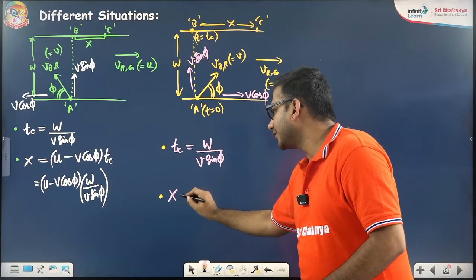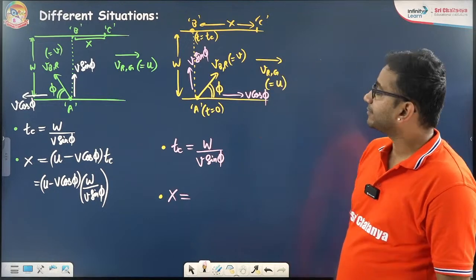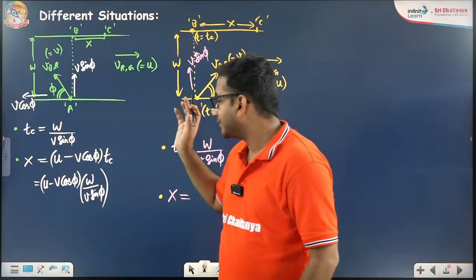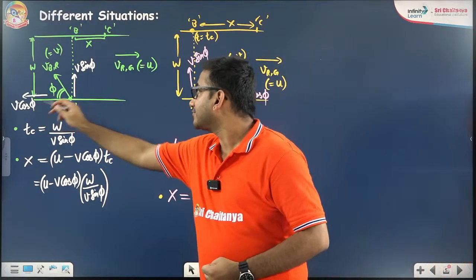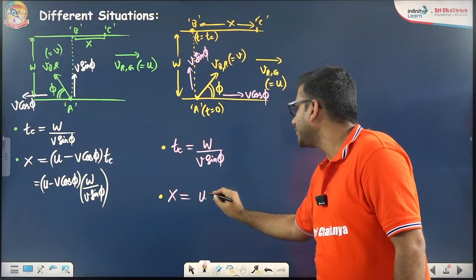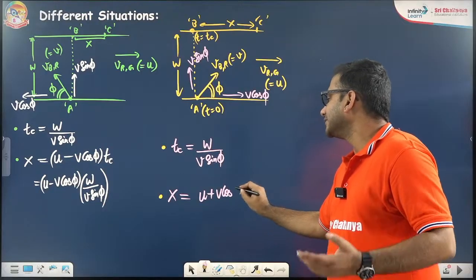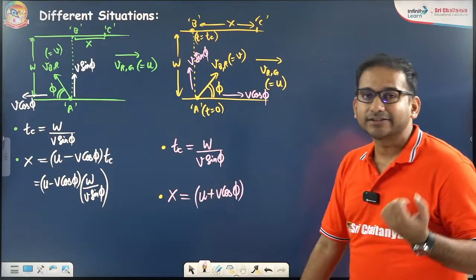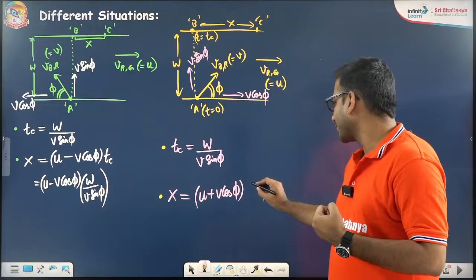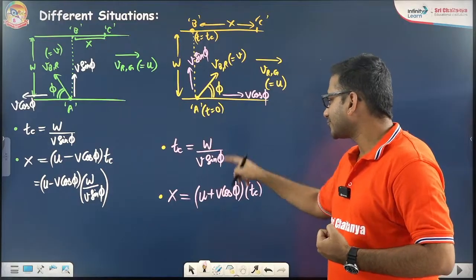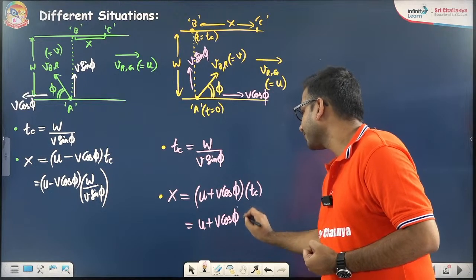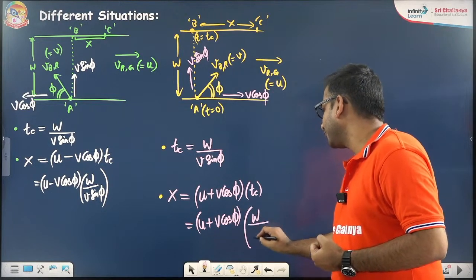If they are asking you the drift, I multiply the effective speed in the x-axis. This time this V cos phi is in support to you. Here this V cos phi was opposite to you, but here it is supporting you. So this will be u plus V cos phi. This time no one is trying to prevent the drift; both are trying to provide the drift. Into tc. Now just substitute this value of tc over here, and you will get u plus V cos phi into W by V sin phi.